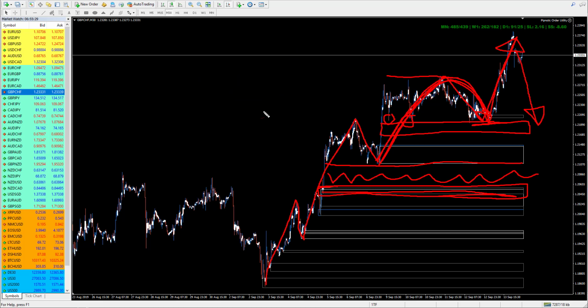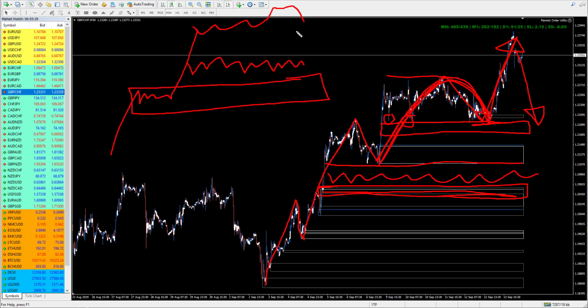What we need to see is this. Sharp pushes away, black space between where price currently is and where we want to enter, which is down here. Okay, so that's the first important point.